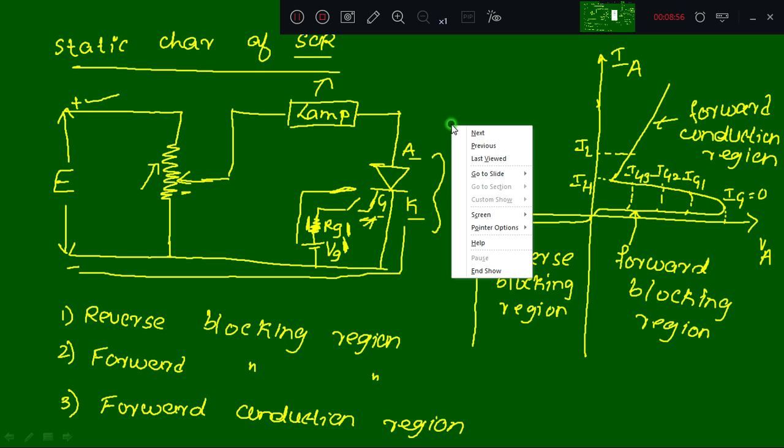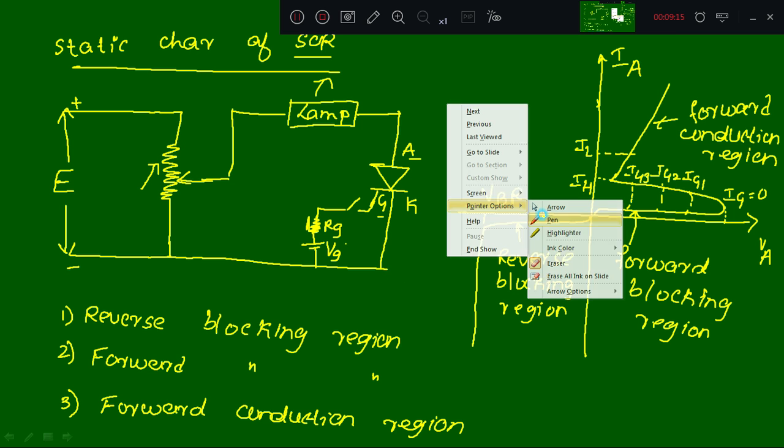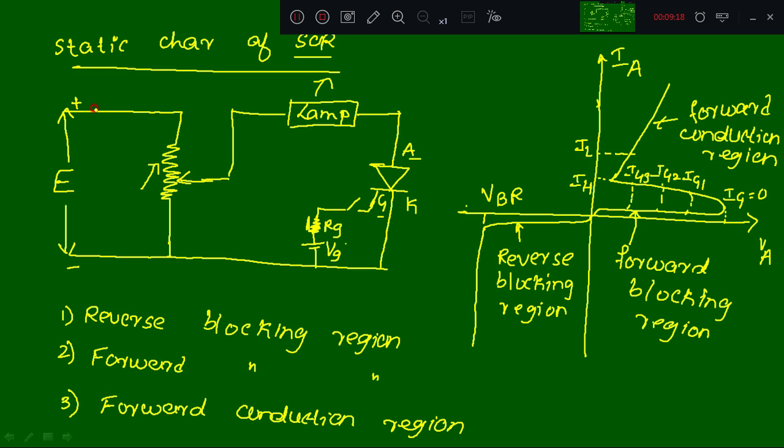So how is the working? Now when this positive voltage is given, and I have turned on this power supply E, the path of the current is from this plus, then here, then lamp, and then anode.